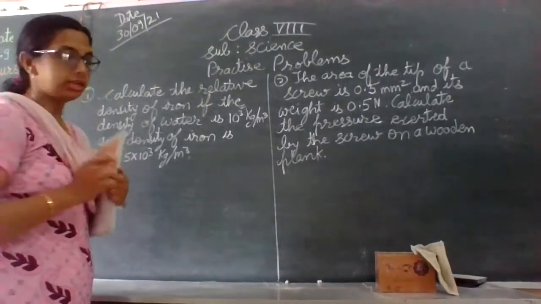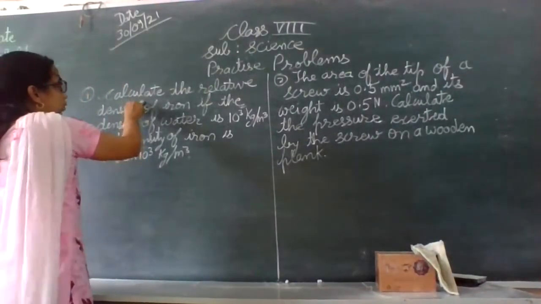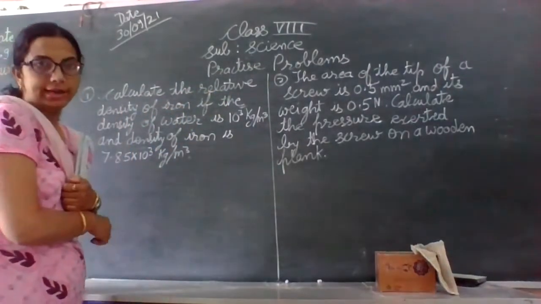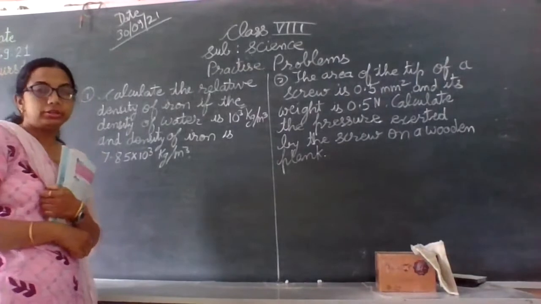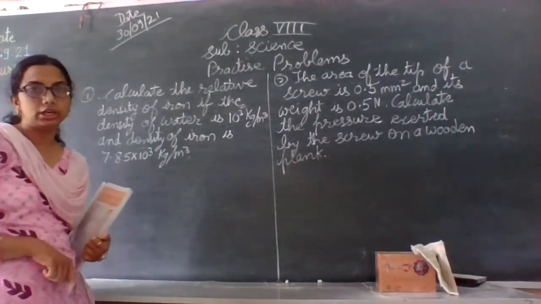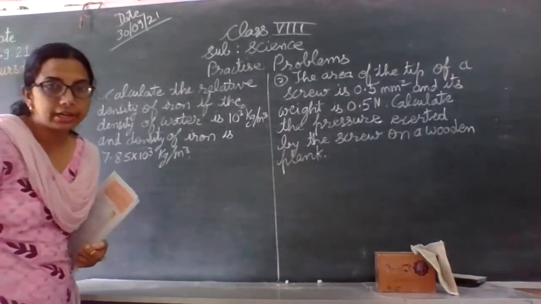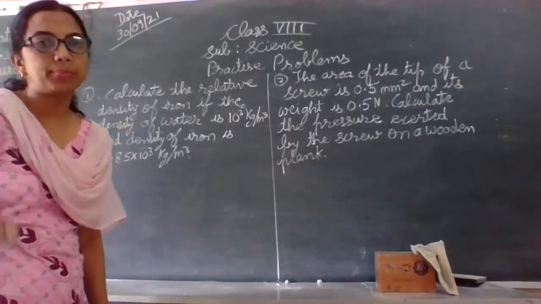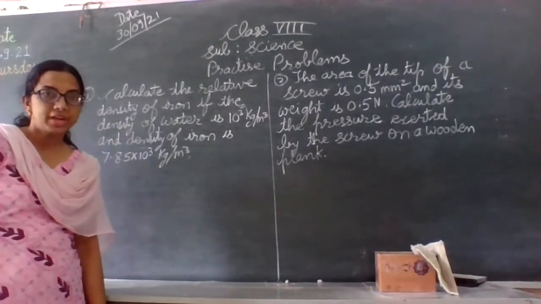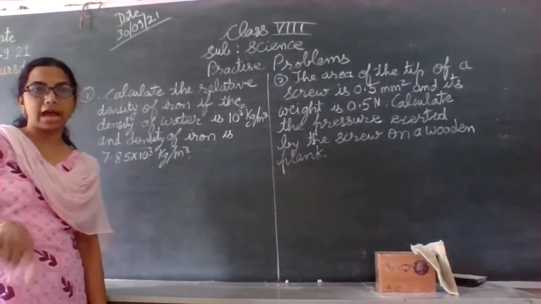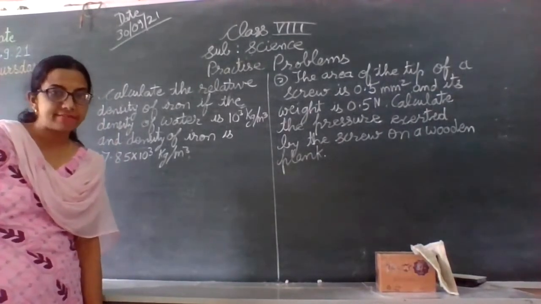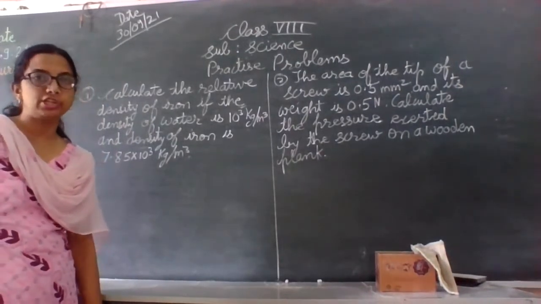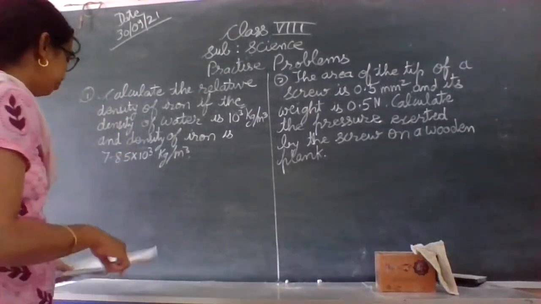The first problem today is: calculate the relative density of iron if the density of water is 10 raised to 3 kg per meter cube and the density of iron is 7.85 into 10 raised to 3 kg per meter cube.